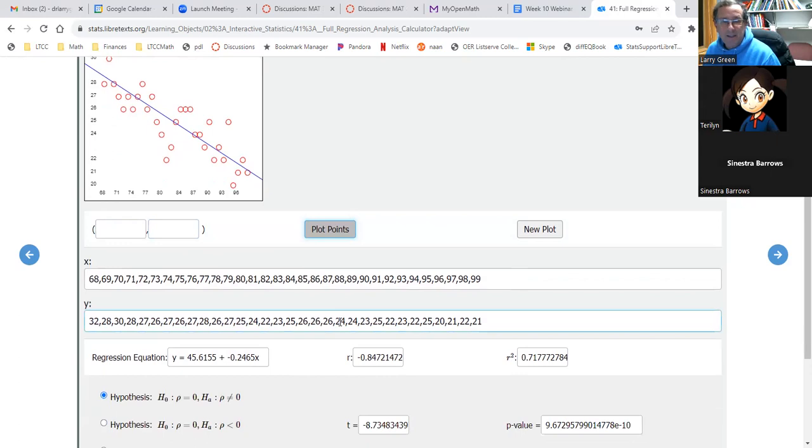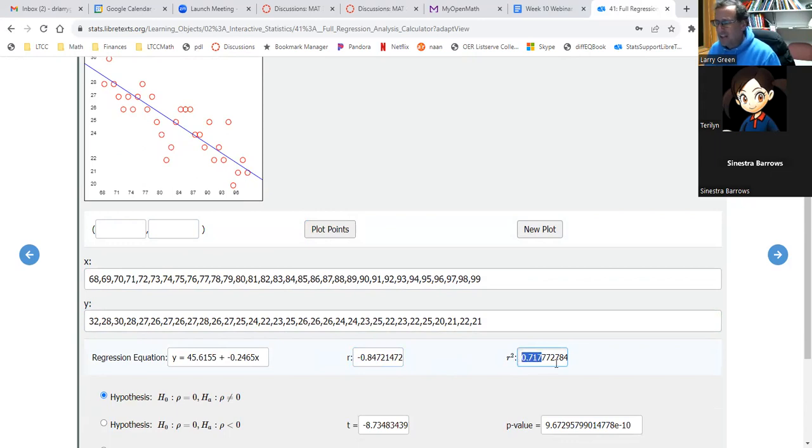Okay, we can look at R. R is negative 0.85. So we actually have a negative correlation, unlike with the sibling one, where we had a positive correlation. Do you see that? R squared is about 0.72.